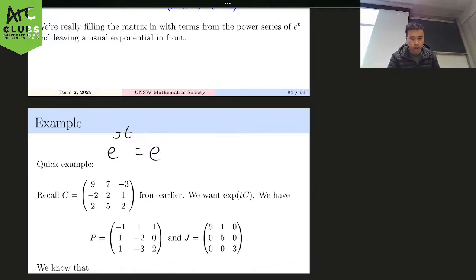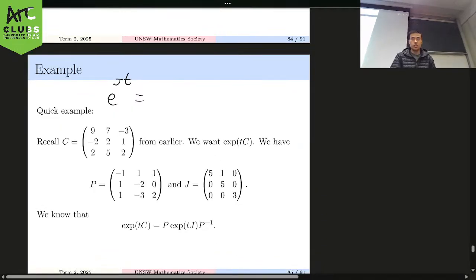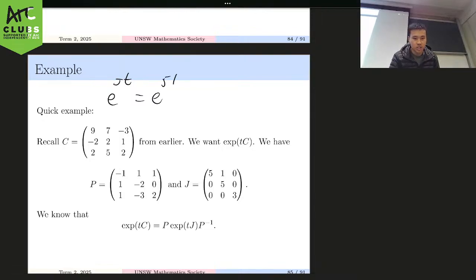Essentially the exponential of this part, because remember, for the direct sum we do these individually, is equal to e to the 5t, and then we have 1, 1, and then t. So that's for the first part of the Jordan block. The second one, e to the 3t, the eigenvalue is just one value, so it's just e to the 3t. That's one entry.